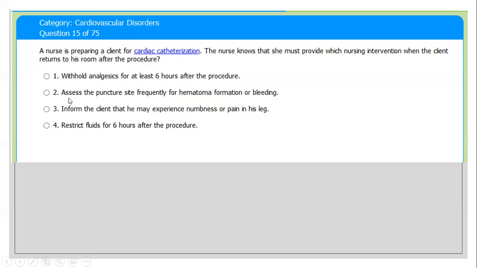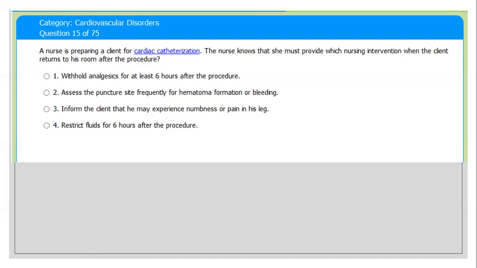Number two, assess the puncture site frequently for hematoma formation or bleeding, and inform the client that he may experience numbness or pain in the leg, and also restrict fluid for 6 hours after the procedure. So this is for when the client returns to his room. So the nurse knows that she must provide which nursing intervention, right?